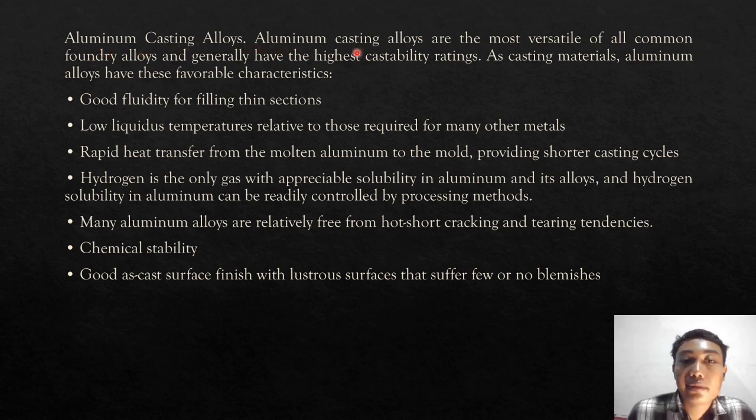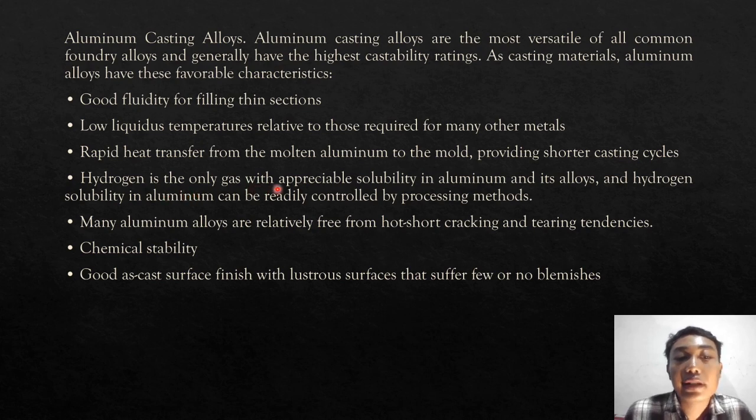Aluminum casting alloys. Aluminum casting alloys are the most versatile of all common foundry alloys and accordingly have the highest castability ratings. As casting materials, aluminum alloys have these favorable characteristics: good fluidity for filling thin sections, low melting temperature relative to those required for many other materials, and rapid heat transfer from the molten aluminum to the mold, providing shorter casting cycles.